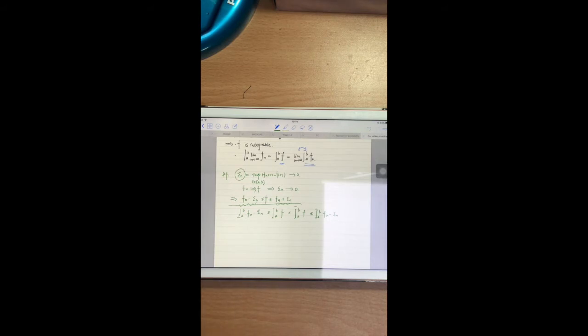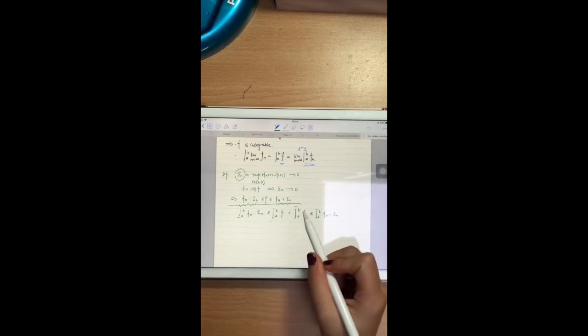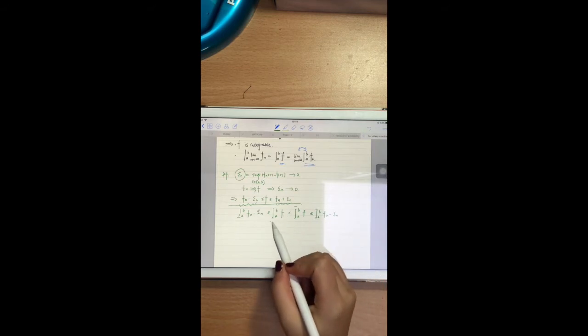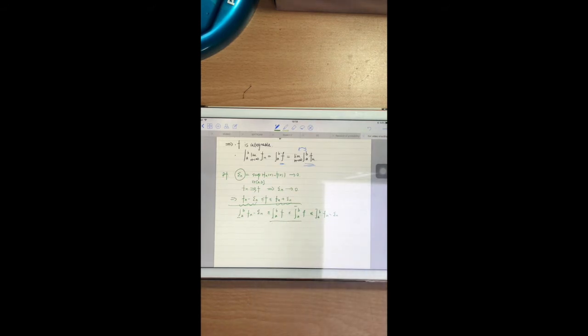Another thing is, if you are familiar with upper sum and lower sum, this is a property of them: no matter whether it's integrable or not, the lower sum of f is always smaller than the upper sum of f, right?